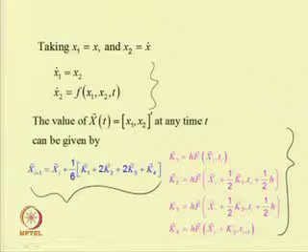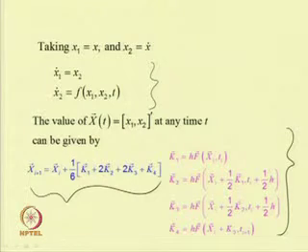Here we have to take the initial conditions, that is, the initial velocity and displacement of the system, and then use this formula to find the response of the system.